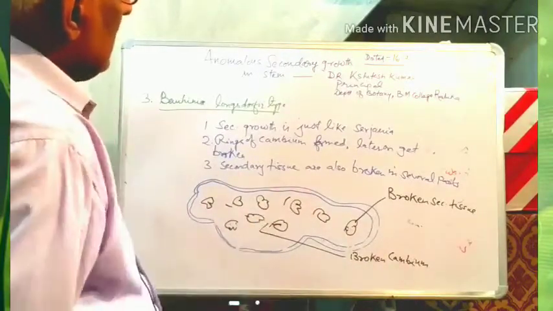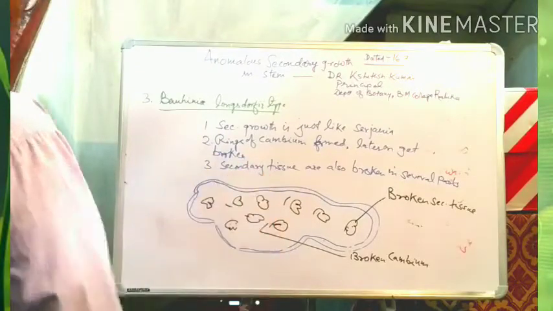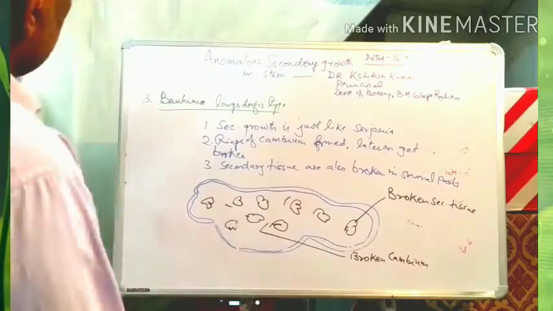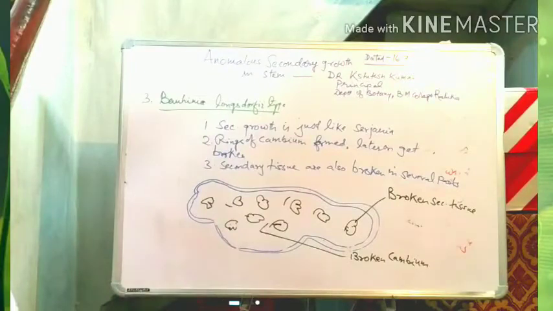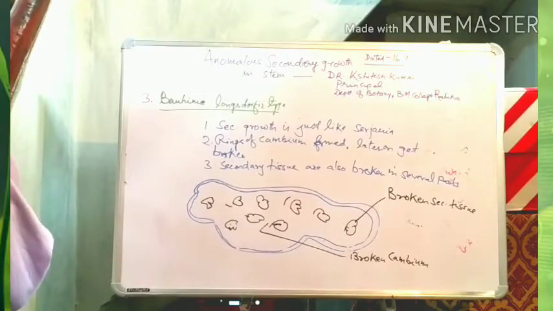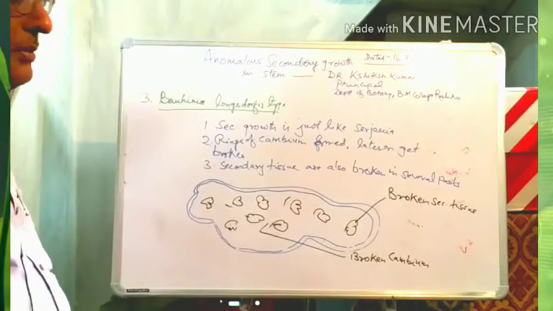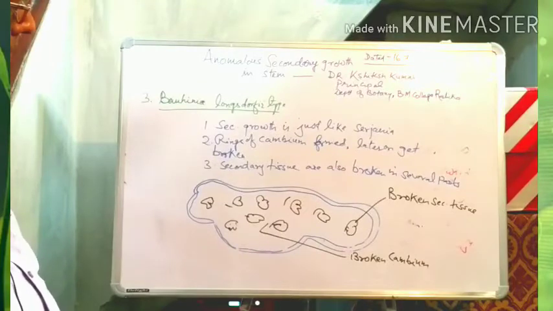So they are scattered inside, and this forms a peculiar structure found in Bauhinia longsdorffi. So these are the different types of adaptive secondary growth.